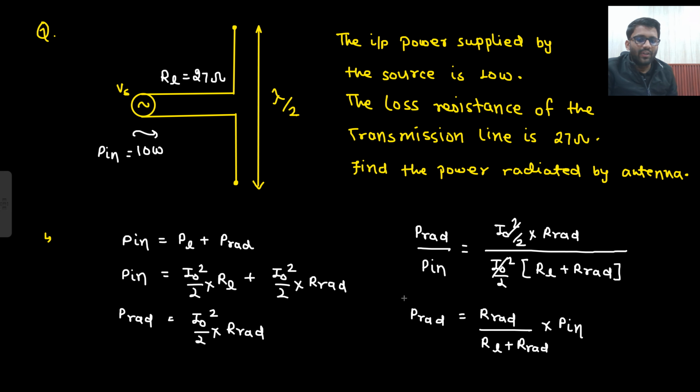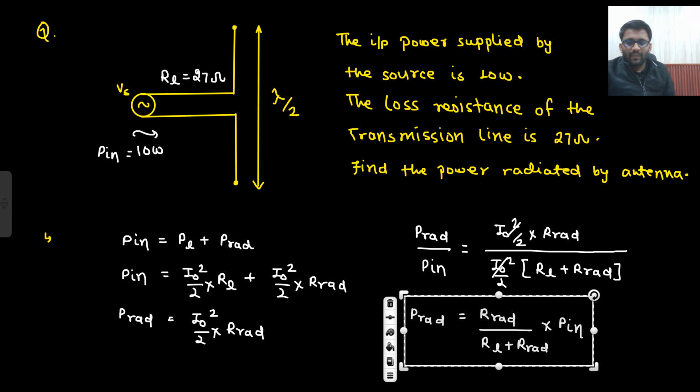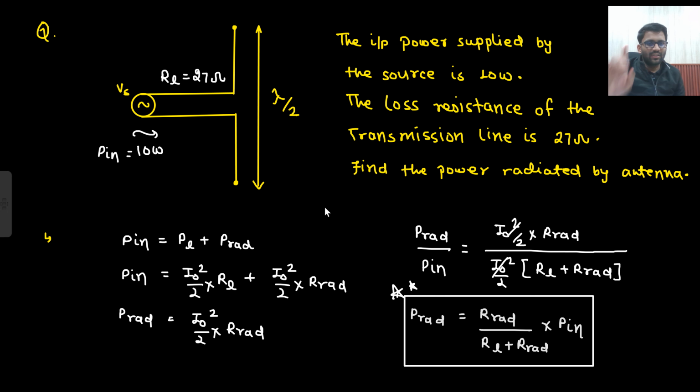So from now onwards you need to remember this formula. Very easy. If loss resistance is given and radiation resistance is given, then think that the transmission line is like a resistance of 27 ohm, and this is a resistance, the radiation resistance of lambda by 2, that is 73 ohm.